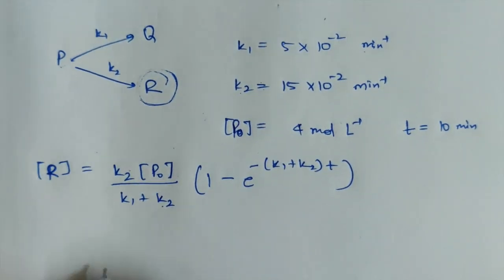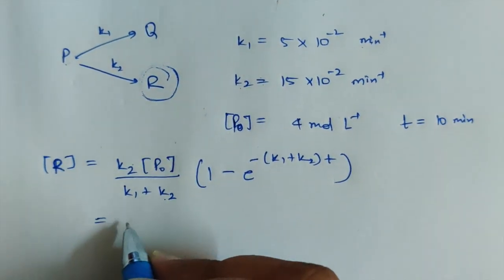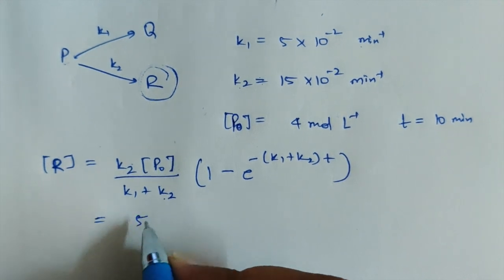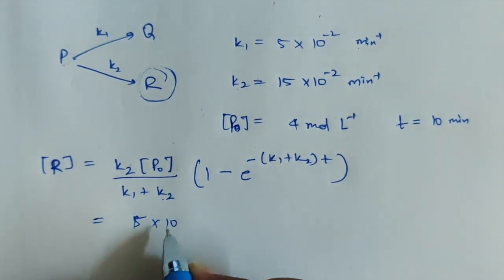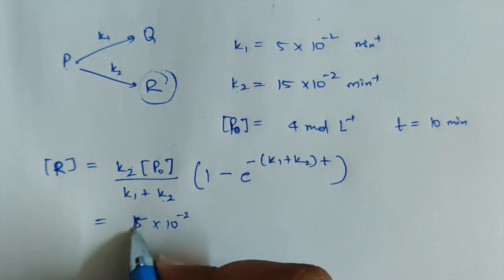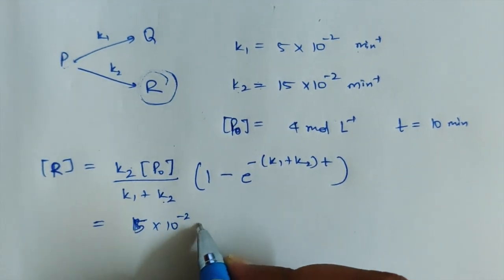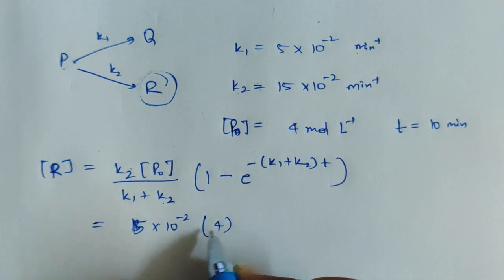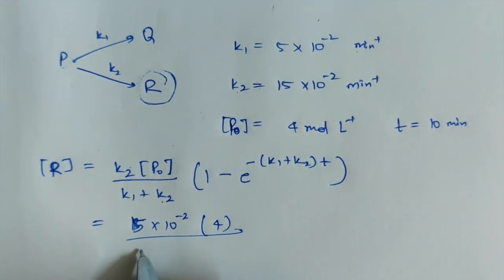Now we'll just put in the values. Since it is a question from the GATE exam, you can just put in all the values. K2 is 15 into 10 to the power minus 2, into P naught, which is 4, divided by K1 plus K2.